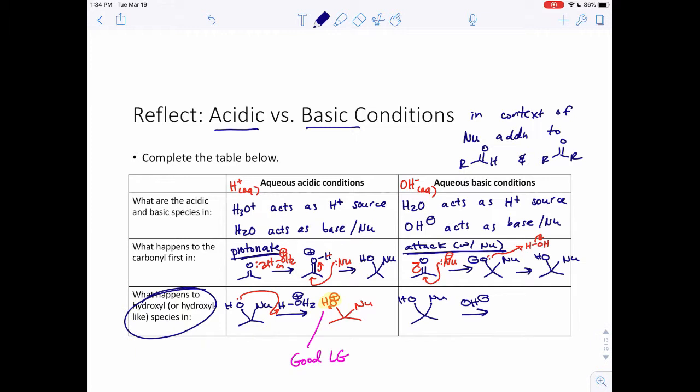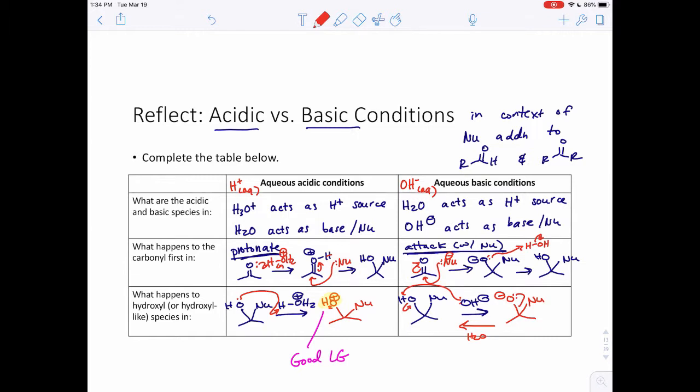What happens to hydroxyl in aqueous basic conditions? So the scenario right here. Well, it could be deprotonated. And that would generate an alkoxide. And this can do one of two things. It can just become reprotonated by water.